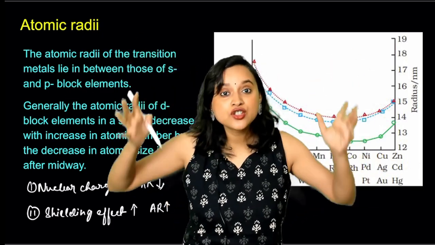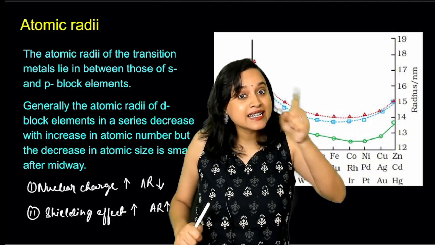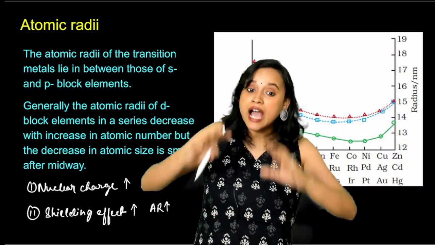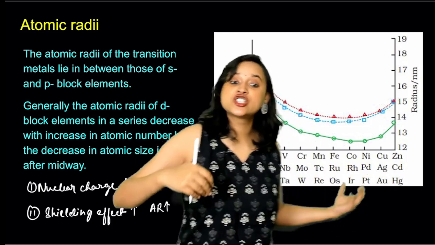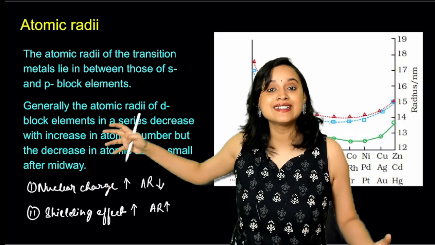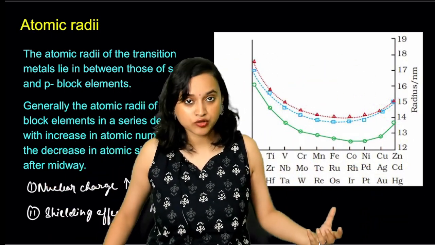Now, when you have so many d electrons present in the d orbital, you know that these have very poor shielding effect. So now the shielding effect as well as the nuclear charge are both somehow increasing, and that compensates for the atomic radius not increasing.